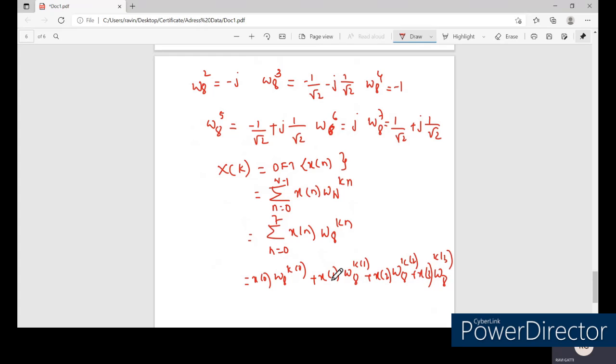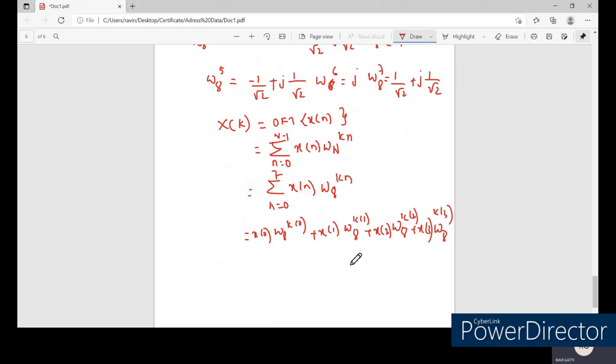All the remaining terms will be 0 because x of n has only 4 positive values; the remaining values you don't have, so all the other terms lead to 0.